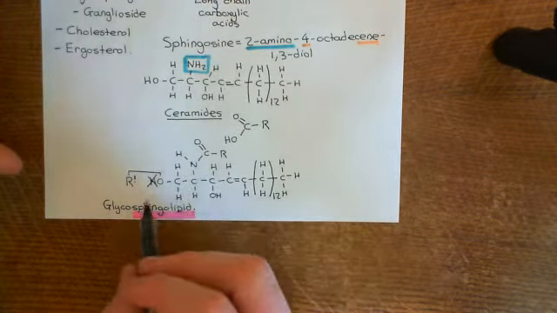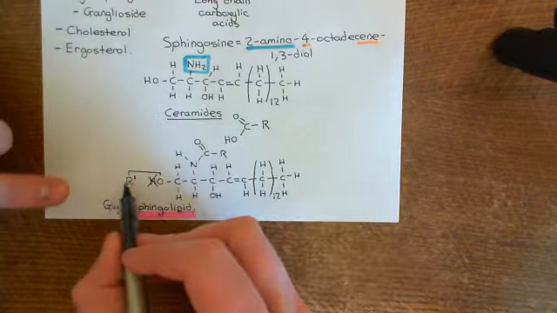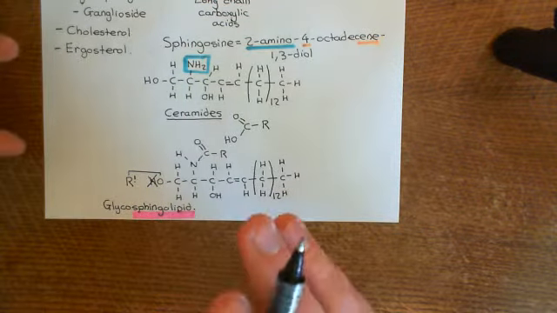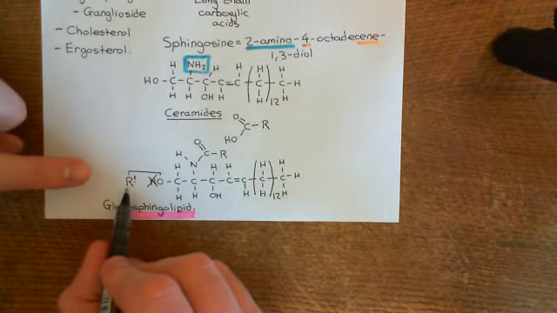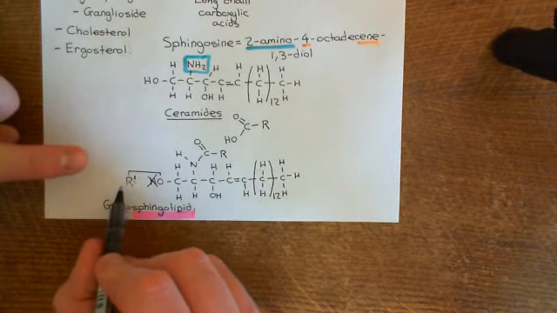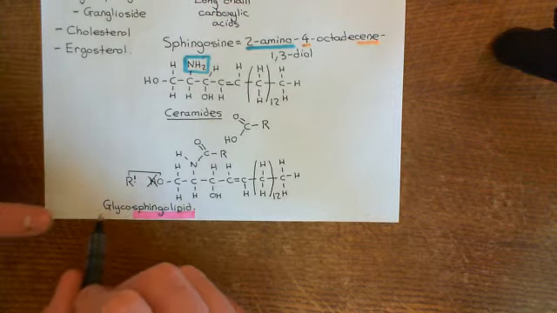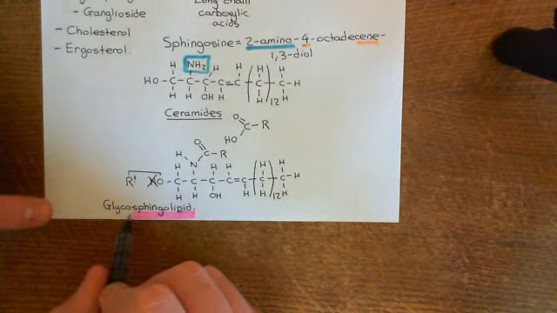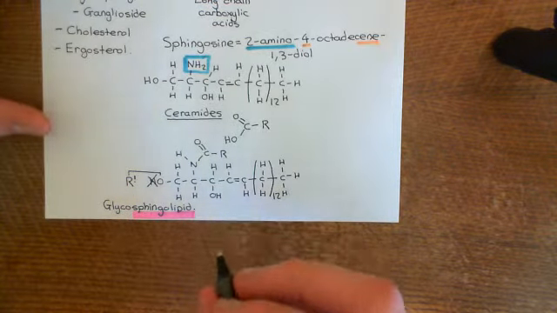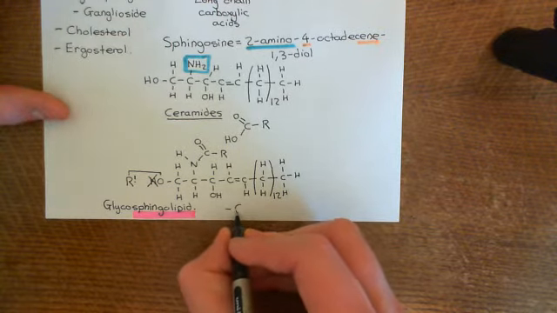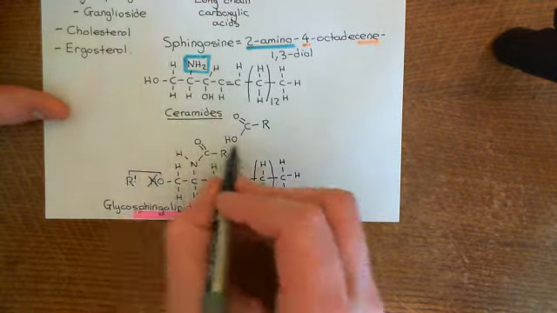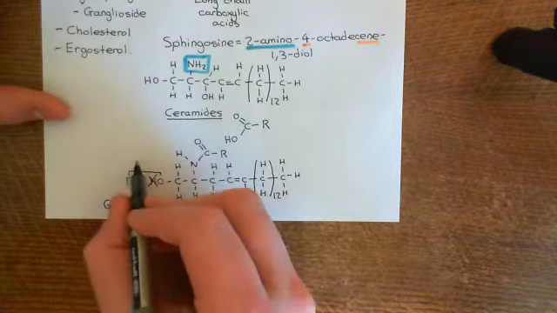This molecule that I've now drawn here, where you have two variables, would be called a sphingolipid. If this second R group over here is a carbohydrate R group, i.e. it's based on monosaccharides, then you would call it a glycosphingolipid. And gangliosides are specific types of glycosphingolipids. So gangliosides will have this basic sphingolipid structure.